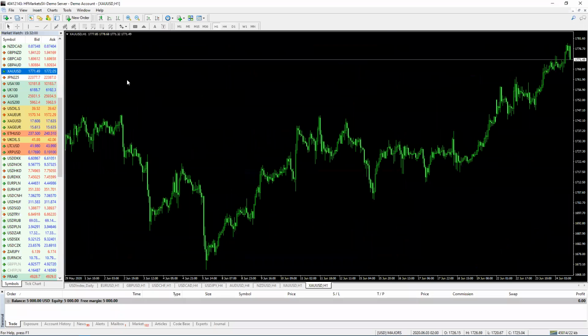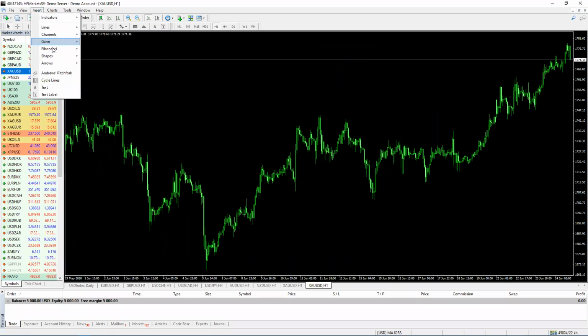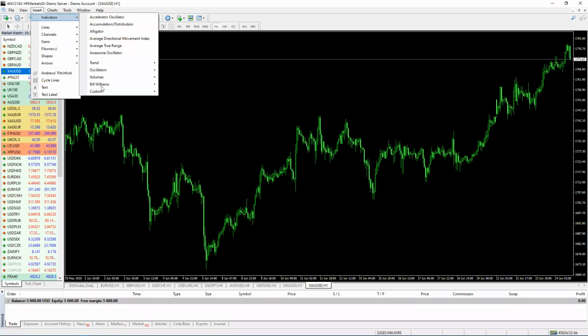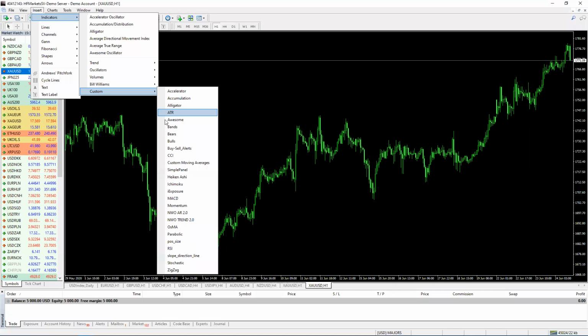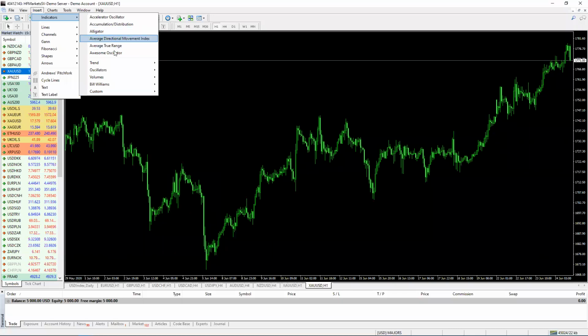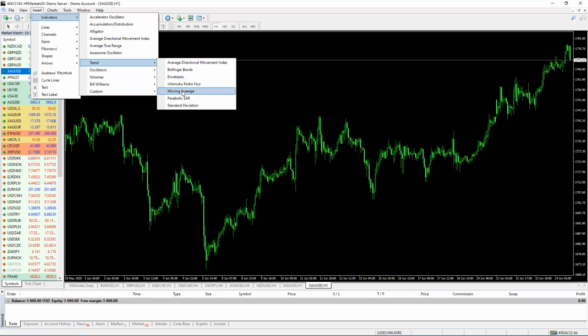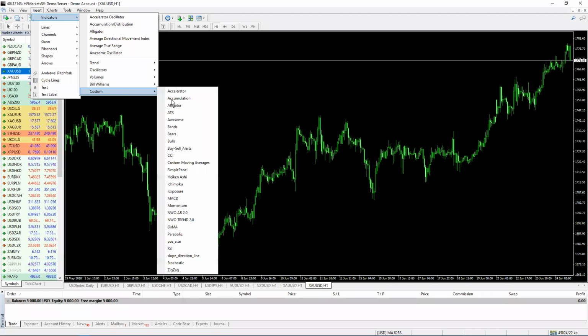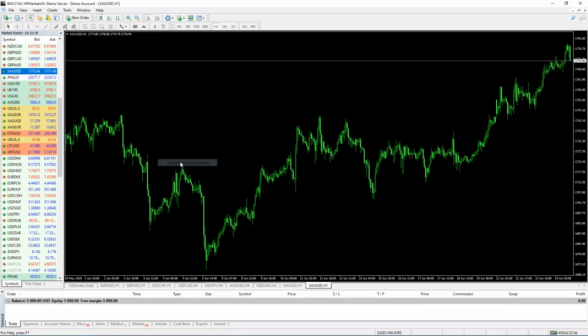Okay, so what you do is basically unakuja kwa insert. Okay, then nataka indicator, custom indicator. You can either choose hapa kwa trend weke moving average, ama unaweza kuja kwa custom indicator, custom moving average.